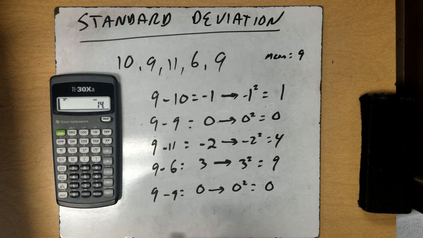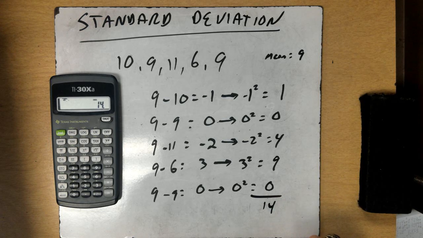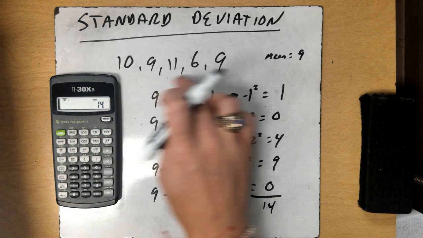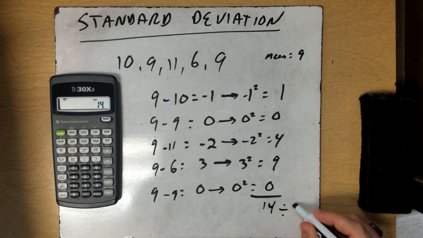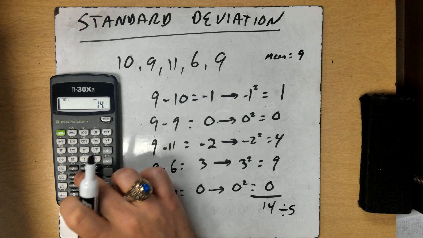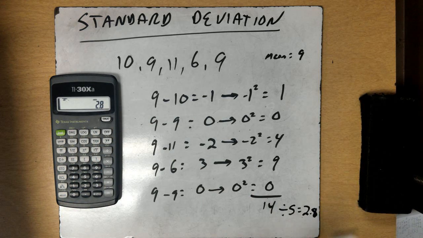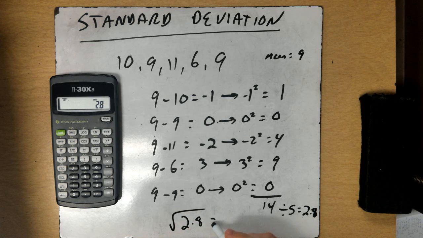Then we're going to take this number and basically find the mean of it, dividing by how many numbers there are, which is 5. 14 divided by 5 gives us 2.8.